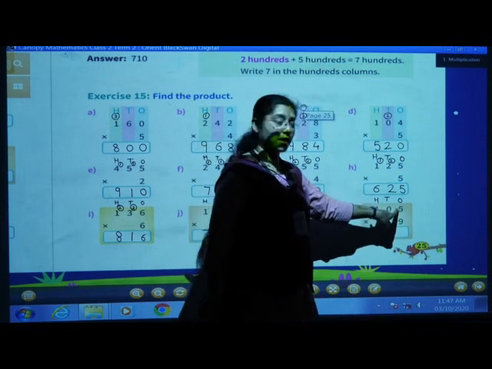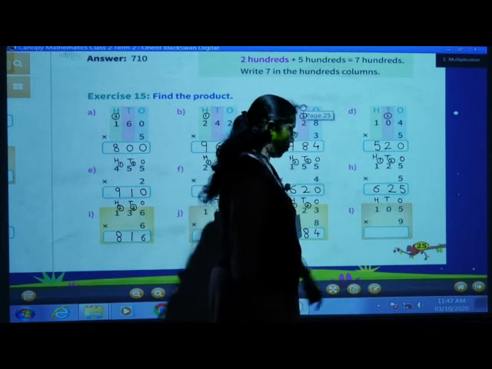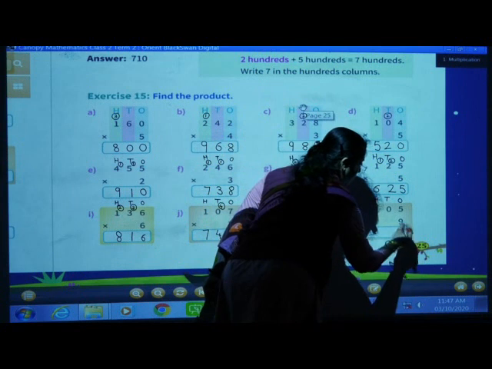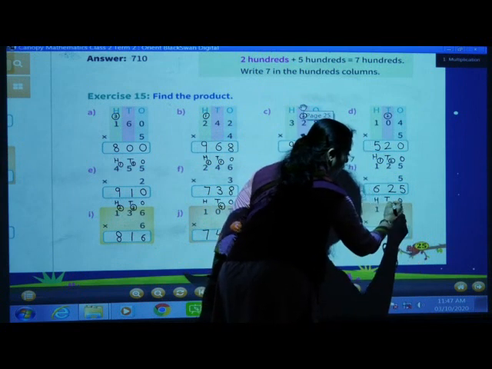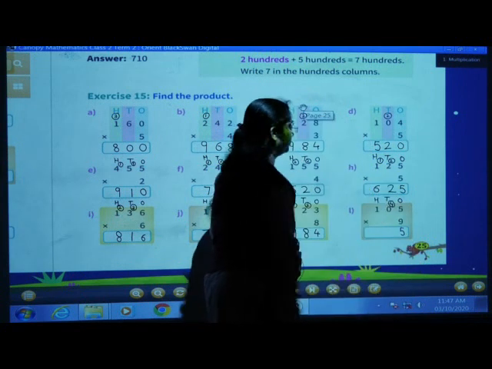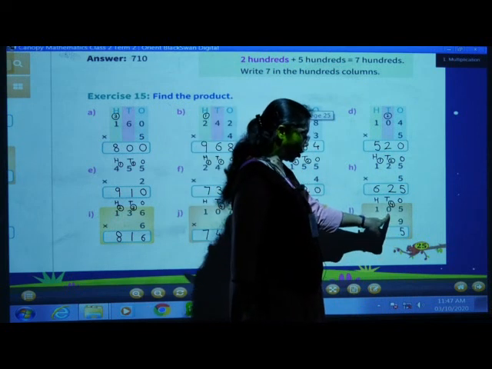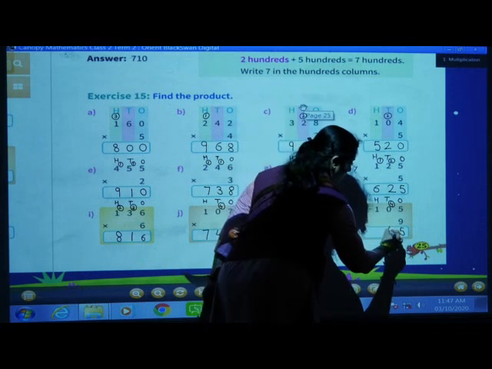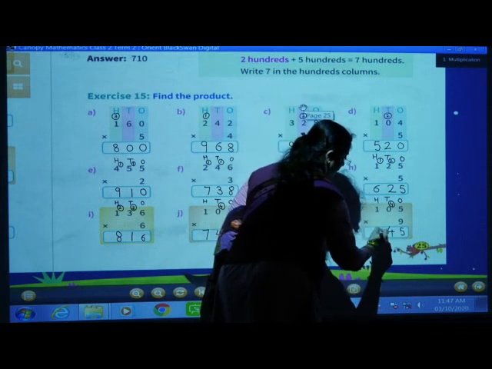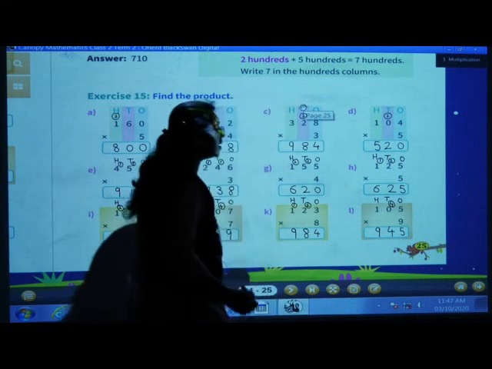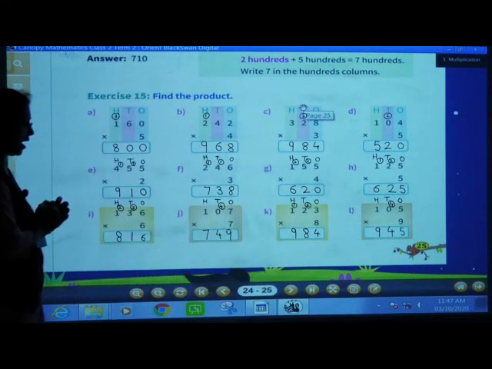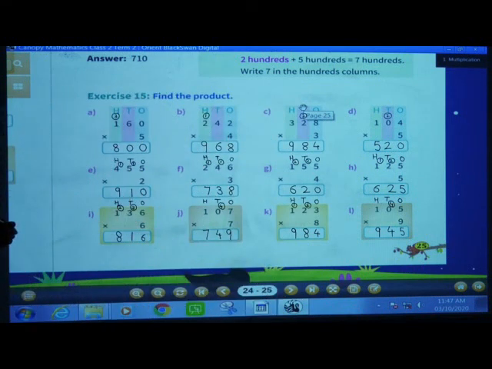So 9 fives are 45. 5 will be in ones column. 0, 4 carry. 0 multiplied by 9. 0 plus 4, 4. 9 ones are 9. So 105 multiplied by 9, what is the product? 945 is the product. Okay, now turn the page.